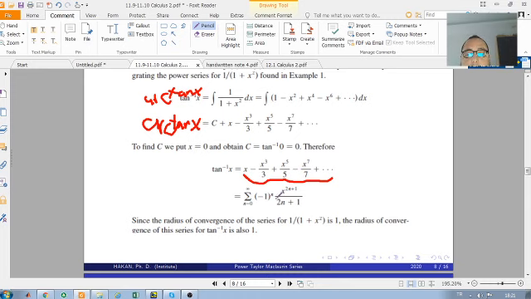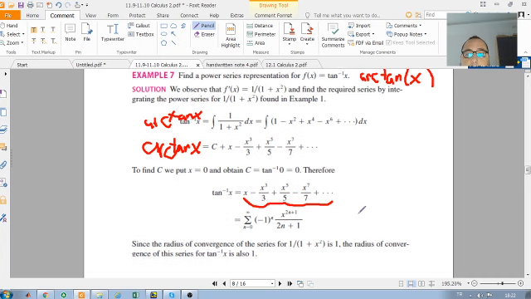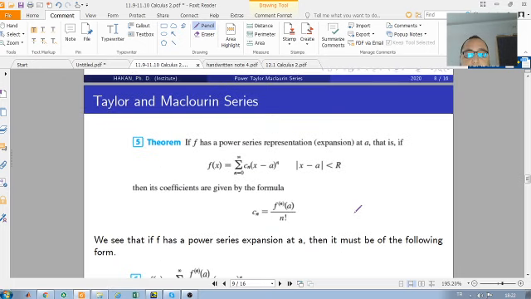Therefore, we write minus 1 to the power n. Actually, it is an alternating series. Since the radius of convergence of the series for 1 over 1 plus x squared is equal to 1, if you remember the theorem, the radius of convergence of this series for arctangent x is also equal to 1. It is valid if the absolute value of x is less than 1.